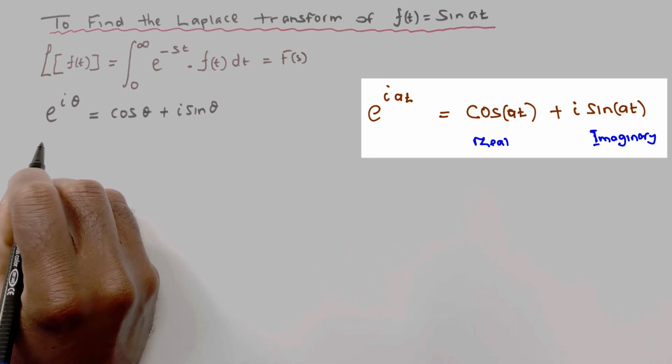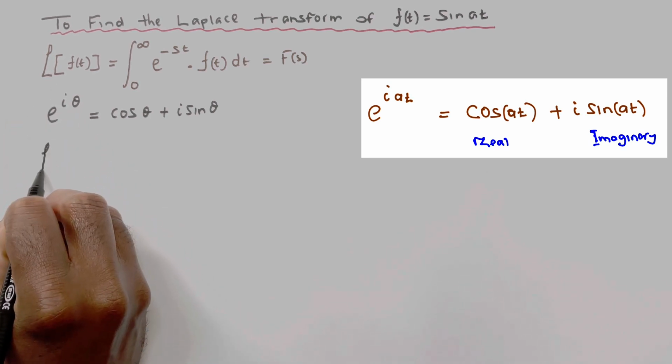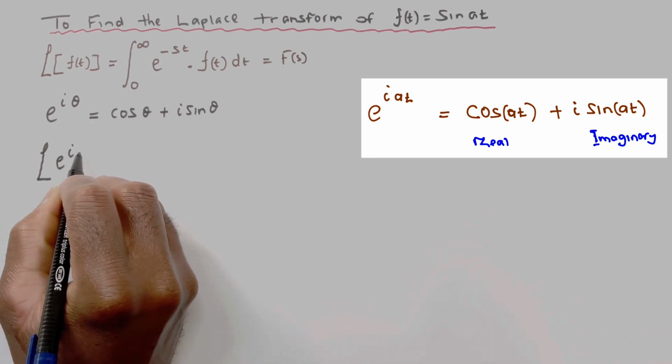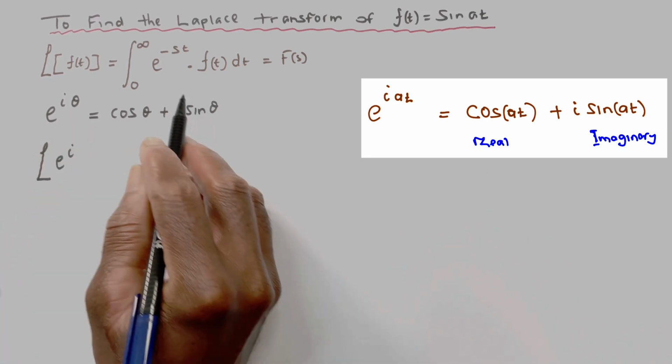So what we can do is replace that with Laplace, and the f(t) would be e to the i a t, since theta would be the a t.